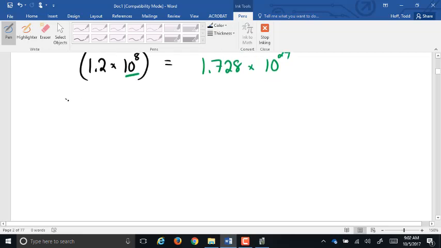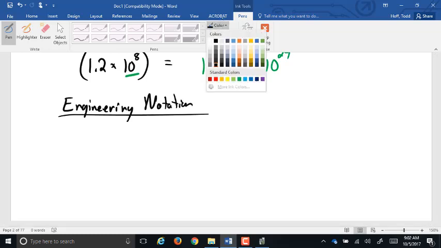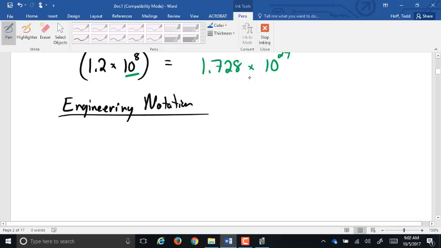I want to talk a little bit about the engineering notation. We mentioned it yesterday, said we would get back to it. Engineering notation was a great idea. It gets used a lot, but not in the form that it was intended. Engineering notation is a lot like scientific notation, only it limits the powers of 10 to multiples of 3.